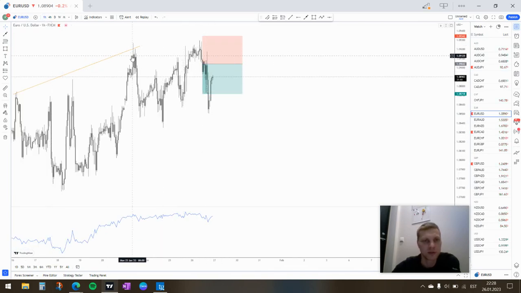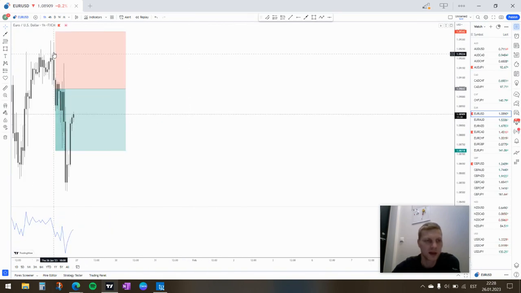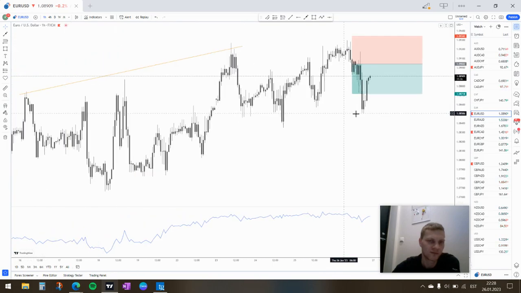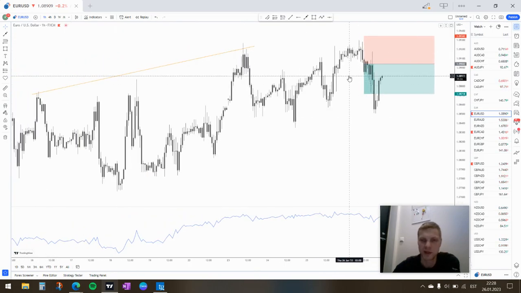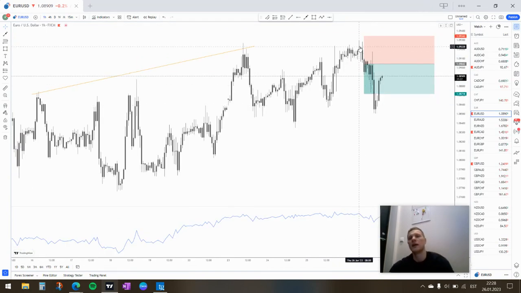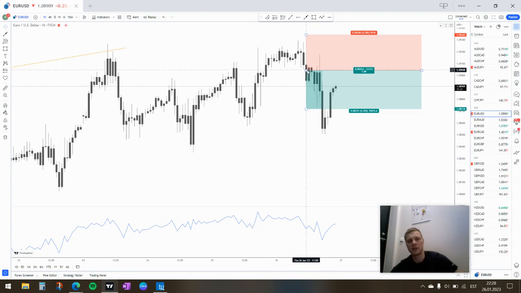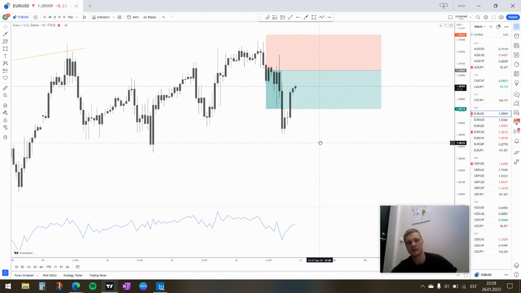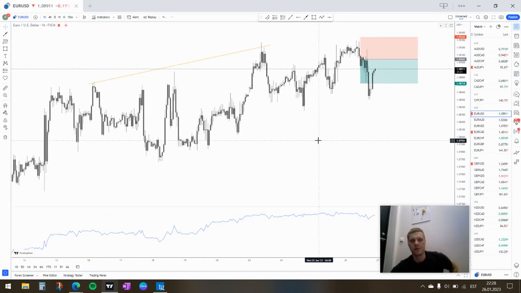So there are multiple rejections here. 1, 2, 3, 4, 5. Two wicks very close to each other. So on 50-minute, that's like an M, right? And after the engulfing candle, I entered, and I closed before the news hit.